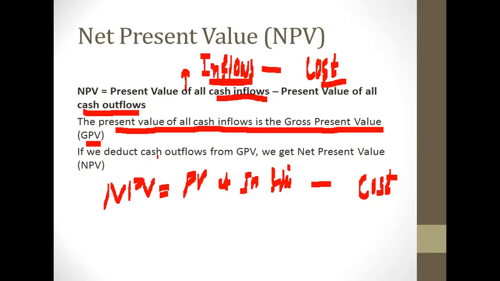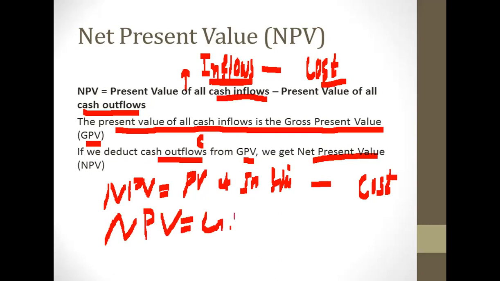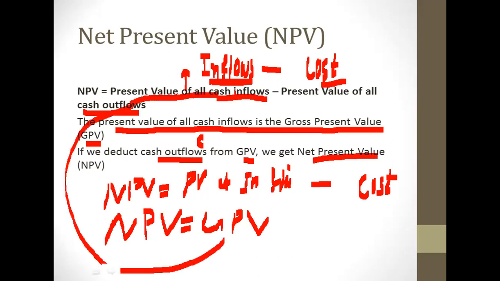If we deduct cash outflows, that means cost, from GPV, gross present value, we get what is called net present value. So net present value is simply gross present value, the present value of all cash inflows, minus present value of all cash outflows. Outflows simply means cost of the project.